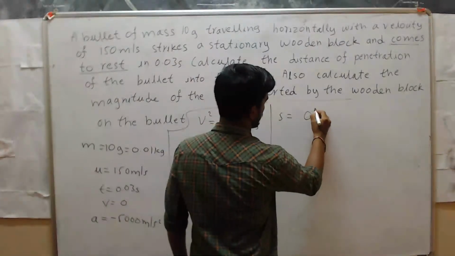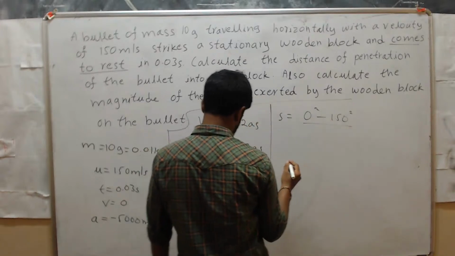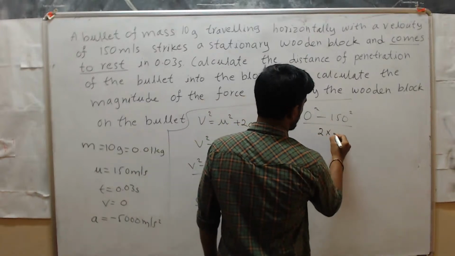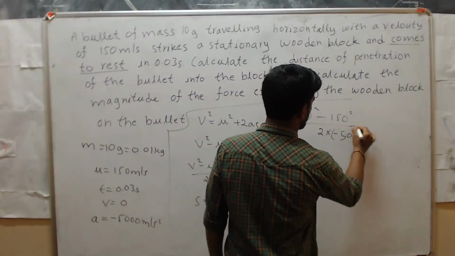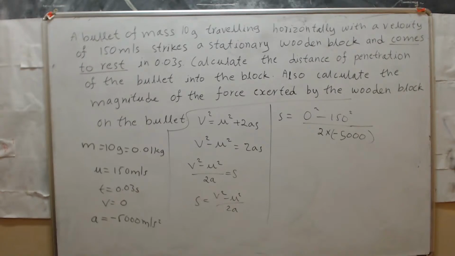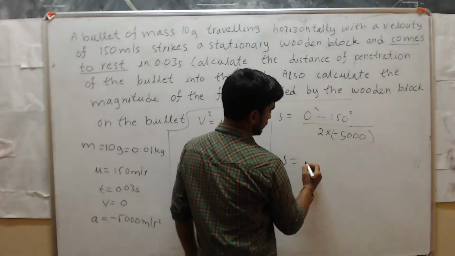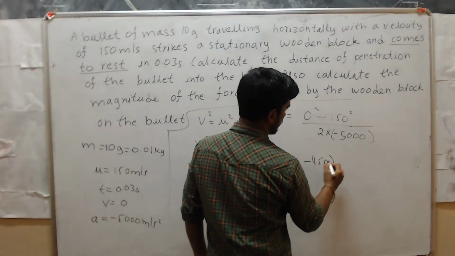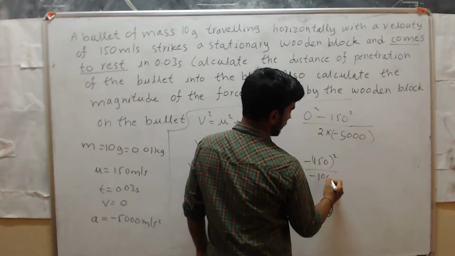s is equal to 0 square minus 150 square, divided by 2 into minus 5000. Now calculate; tell me what is the answer. s is equal to minus 150 square divided by 2 into minus 5000, that is minus 10,000.